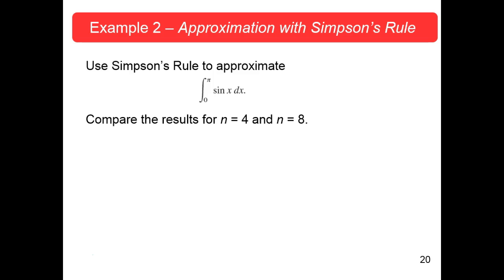Remember we did the integral from 0 to pi of sine. Do you remember what it came up to be? We did trapezoid rule, and it looked like it was getting close to 2, and I actually did the integral, and we saw it was exactly 2. So let's see how close to 2 we get here. We're going to compare the results for n equal 4 and 8.